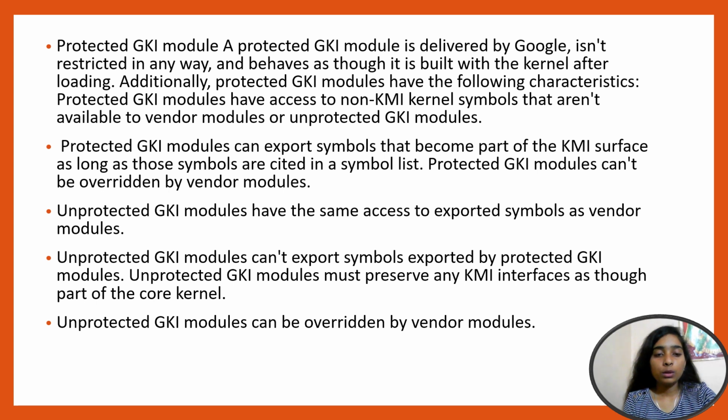Unprotected GKI modules can export the symbols that are exported by protected GKI modules, or the unprotected GKI modules must preserve any KMI interfaces as though they were part of the core kernel. Thus, the unprotected GKI module can be overridden by vendor modules.